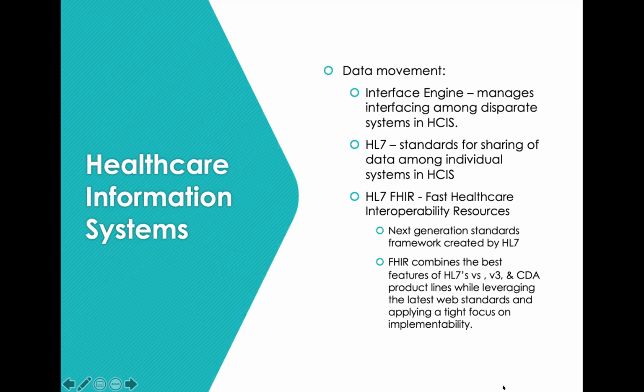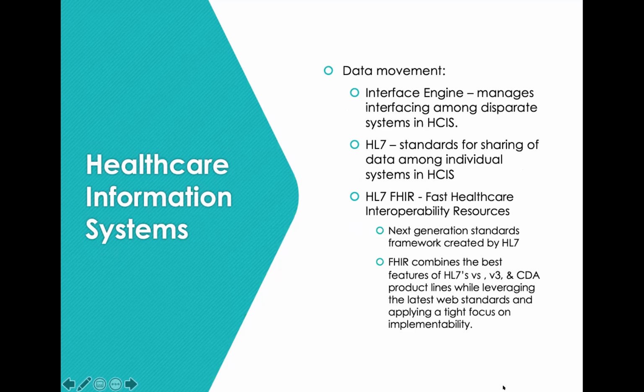So how do you move data between systems? An interface engine, for example, one that I've worked with, like Ensemble, is an example. Rhapsody is another example of an interface engine. And I'll show you a diagram about that. HL7, Health Level 7, is a standard.